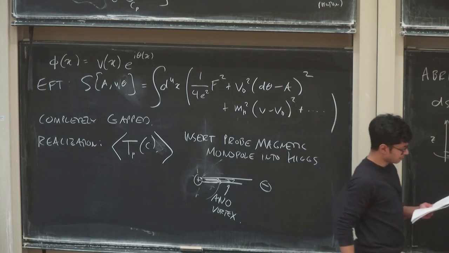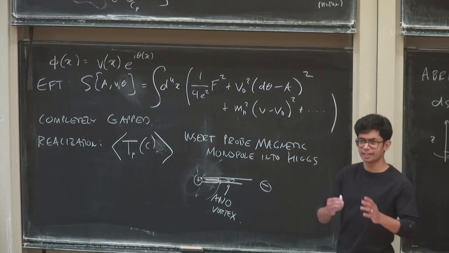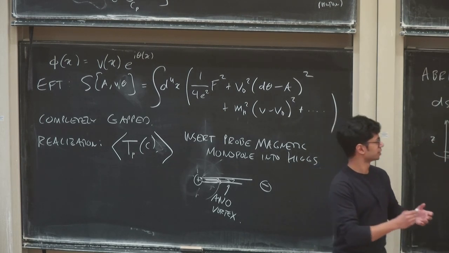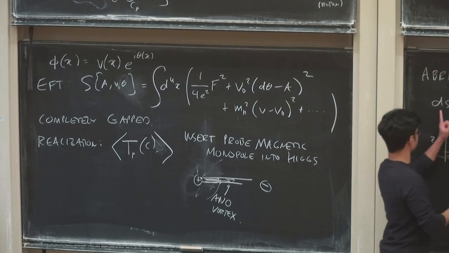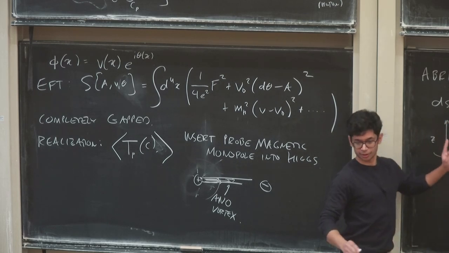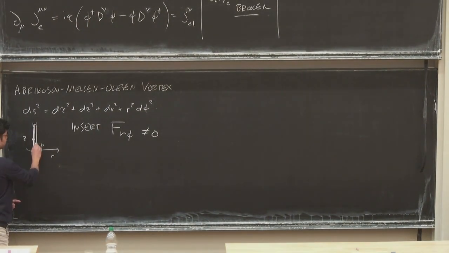And now, what I want to do is try to put in a non-zero magnetic flux. I'm going to try to insert some non-zero magnetic flux in the z direction, okay?